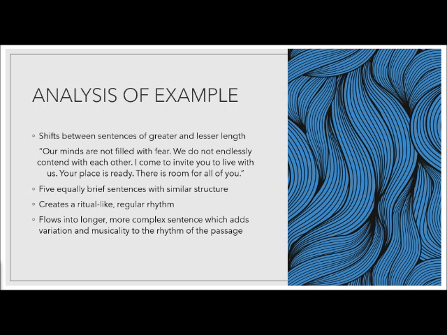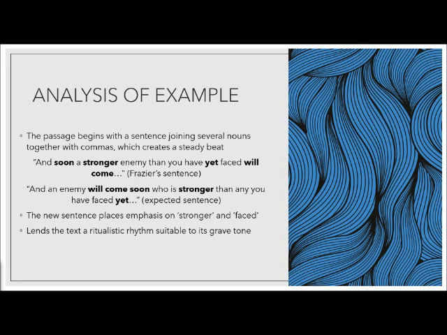These brief sentences flow into a longer, more complex sentence, thus adding variation to the foundational rhythm and reinforcing the passage's gravity and musicality. Additionally, the excerpt begins with a sentence containing several nouns connected by commas, creating a regular, rhythmic beat. However, the next sentence disrupts this pattern.